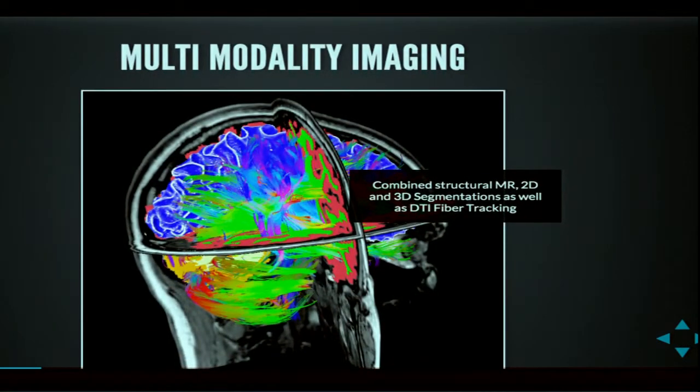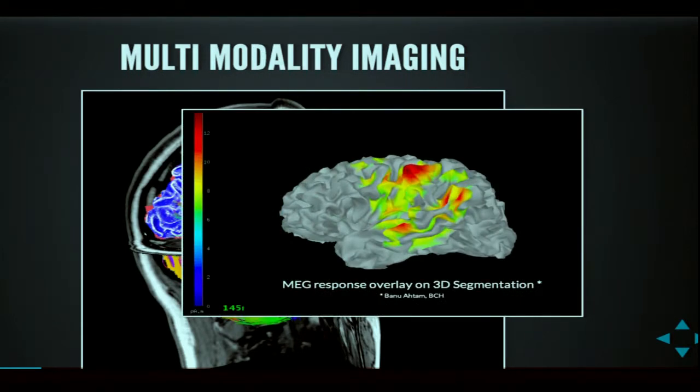So I'm more focusing on structural MR and diffusion MR, but you can combine different scans, like CT scans, PET scans, and so on, to multimodality imaging, and that's a common approach. For example, to overlay functional information on a structural surface. Here's some MEG data showing responses of audio evoked potentials on the surface.